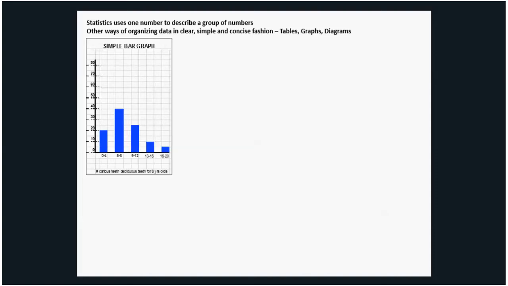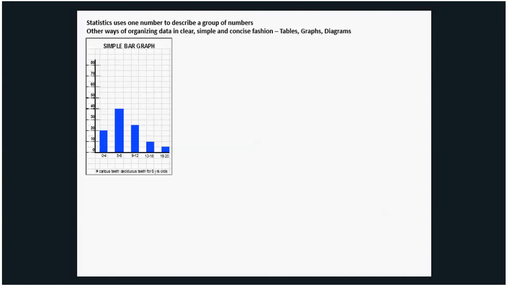This first illustration is a simple bar graph. In other words, you just have the bars, and it's talking here about the number of caries deciduous teeth for 8-year-olds. If you look at the horizontal line at the bottom, we're talking 0 to 4 teeth, 5 to 8 teeth, 9 to 12 teeth, 13 to 16, and 16 to 20.